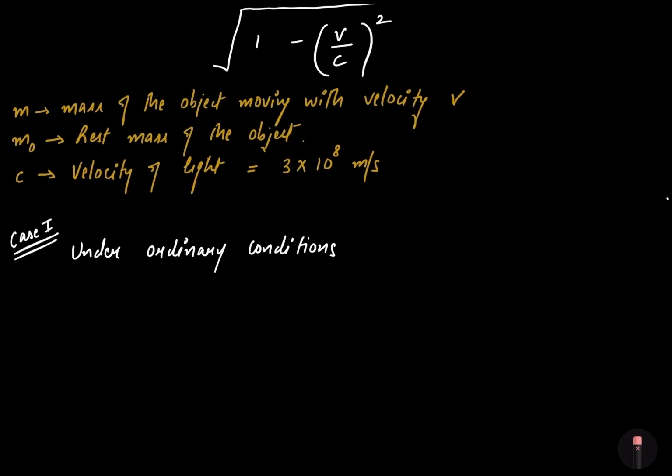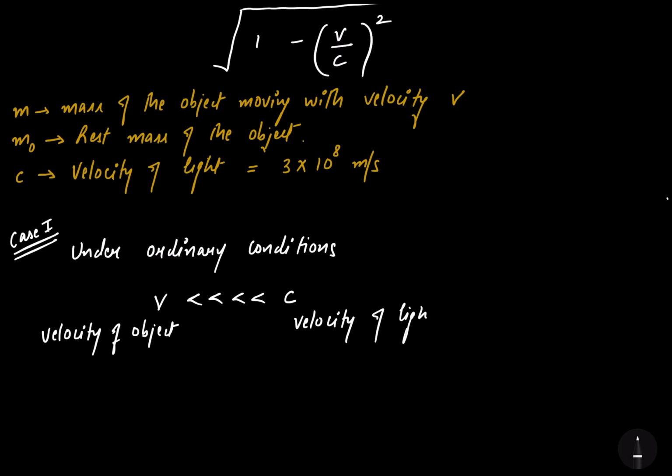Under ordinary conditions, the velocity of an object is very much less than the speed of light. Here I am writing v stands for velocity of object and c stands for velocity of light. Under ordinary conditions, we do not have anything which can achieve the speed of light.